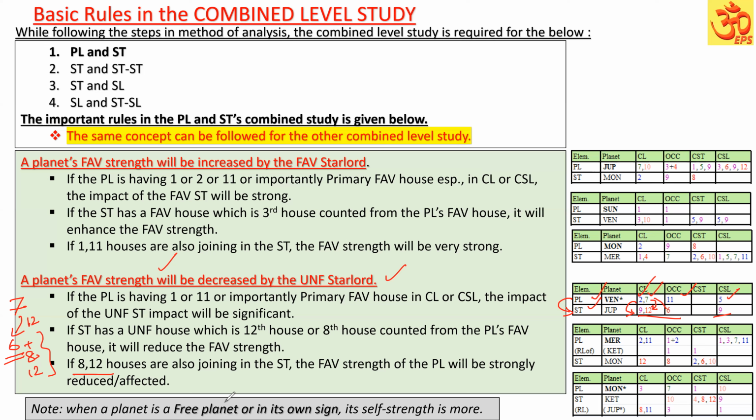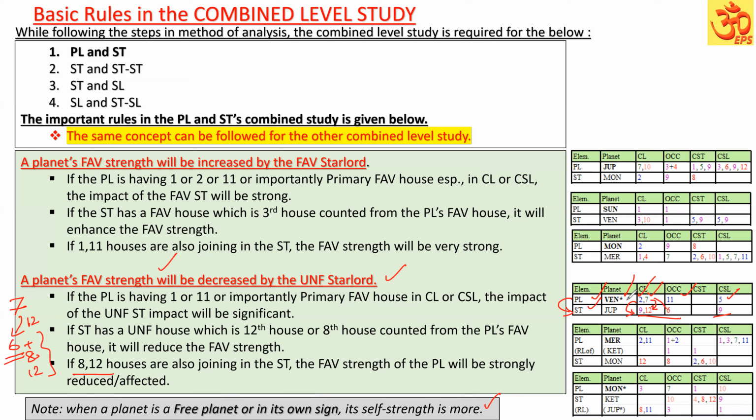Now you can see one more rule I have given at the bottom. When a planet is a free planet or in its own sign, the planet has some self potential, its self strength is more. Here you can see Venus is a free planet. Free planet means what? It is having no planet in its nakshatra. It is an untenanted planet.